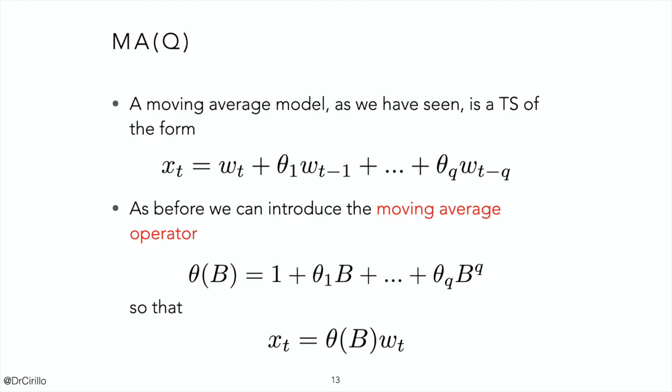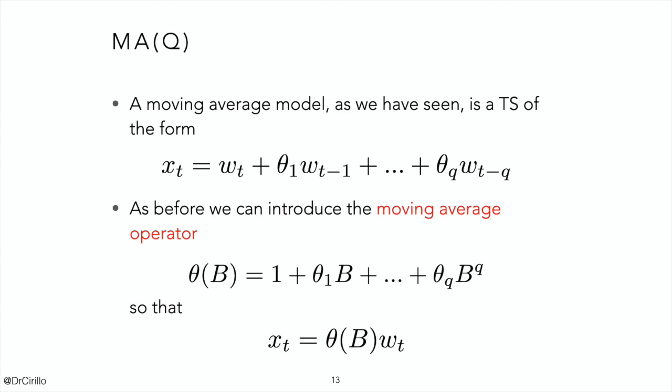On your screen, you see that the moving average model xt is of order q if we can write it as the sum of Wt plus theta 1 Wt minus 1 plus theta 2 Wt minus 2, and so on until we reach theta q Wt minus q.